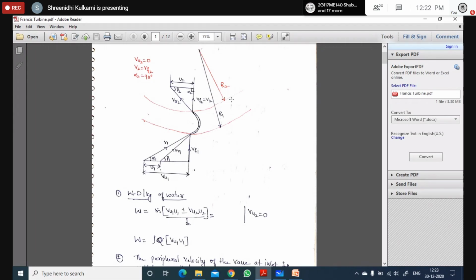This is only for your understanding. I have written it like this only for your understanding. In any problem, you can write separate velocity triangles as per your convenience. Because I already explained the different forms of velocity triangles, but as per the condition you have to write. There is no hard and fast rule that you have to write like this only.